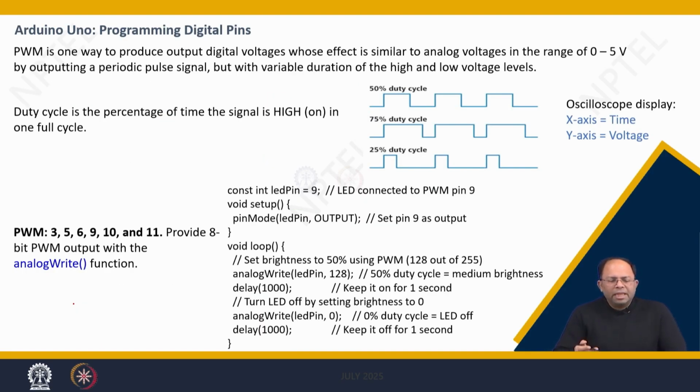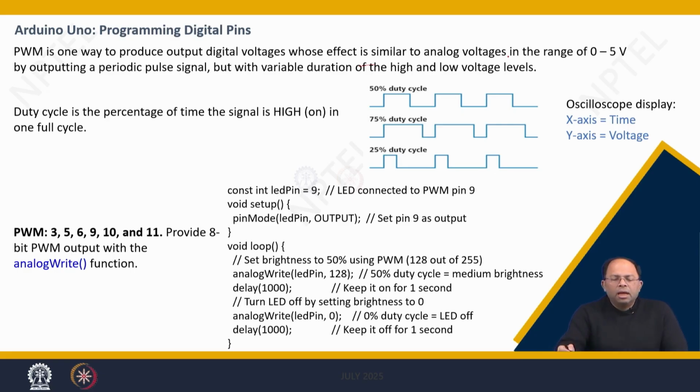As you understand, some of the digital pins in Arduino are also PWM pins, particularly pin numbers 3, 5, 6, 9, 10 and 11. And as you know, PWM is a way to produce output digital voltages whose effect is similar to analog voltages, right?